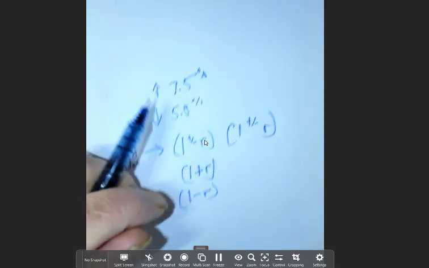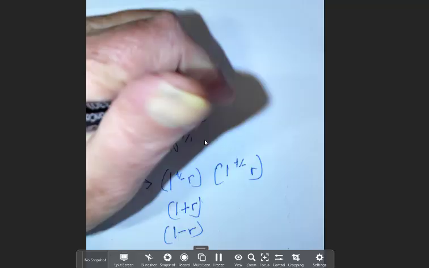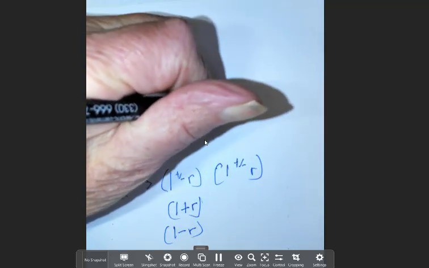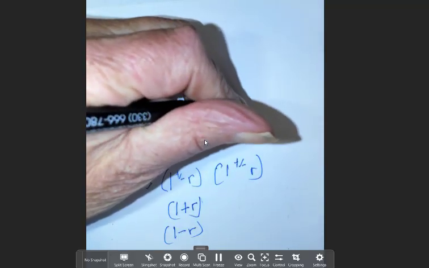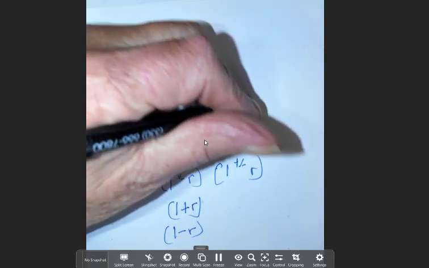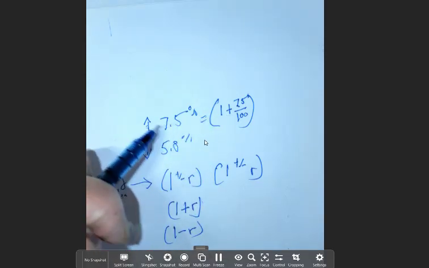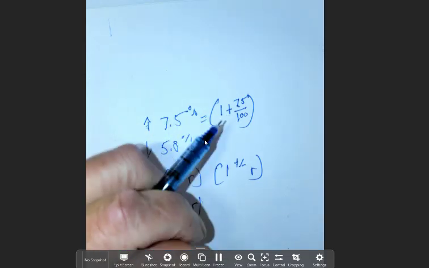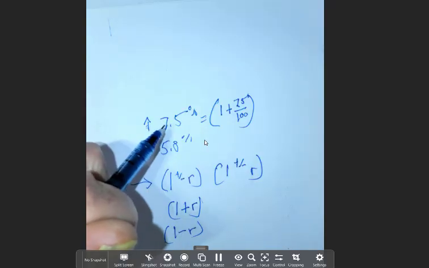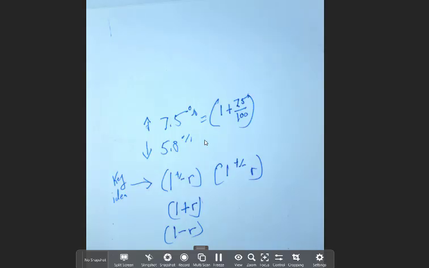So if you want to increase by 7.5%, you go 1 plus 7.5 over 100, because that's what 7.5% means. If you want to be fancy and add 0.075, that's fine, if you know how to move the decimal and get away with it.